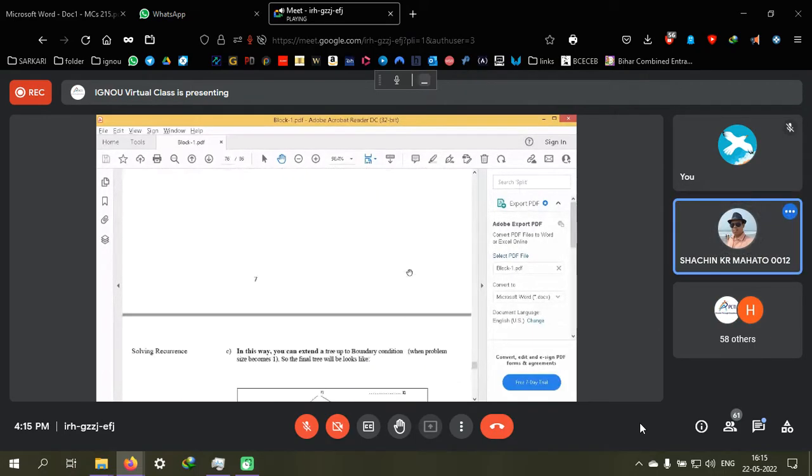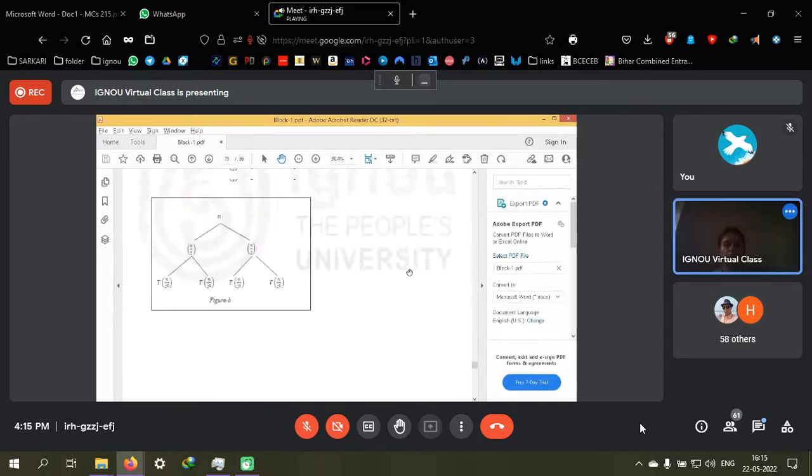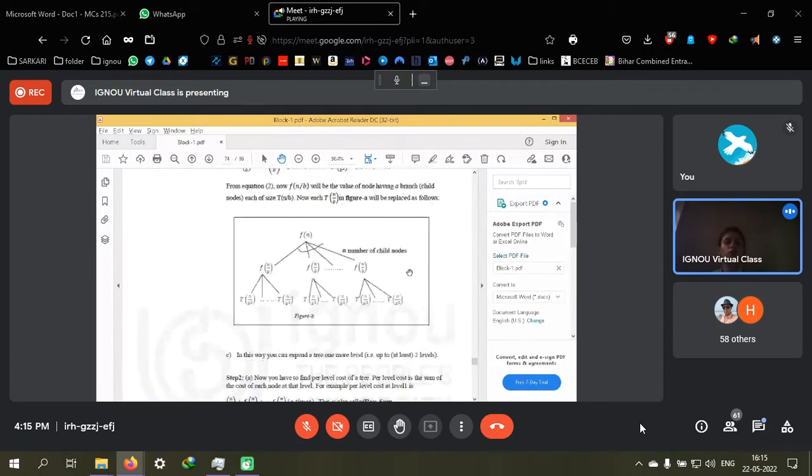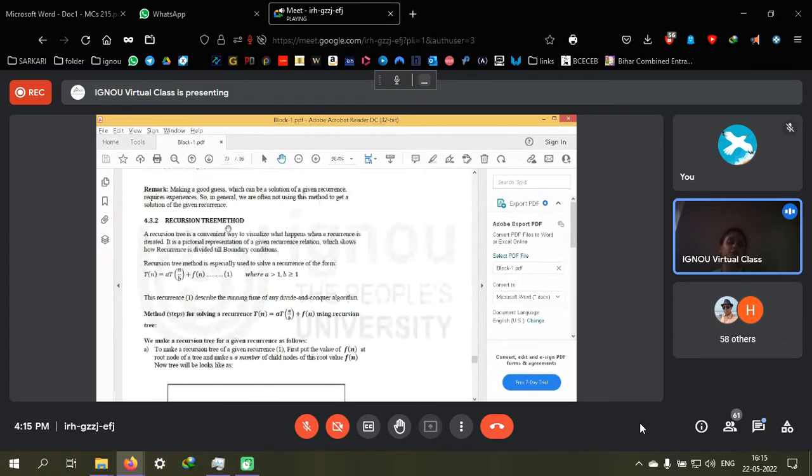So now we are going to discuss the topic that is the recurrence tree method. As per the name, we have to construct a tree, a recurrence tree, that is a pictorial representation of any recurrence problem.